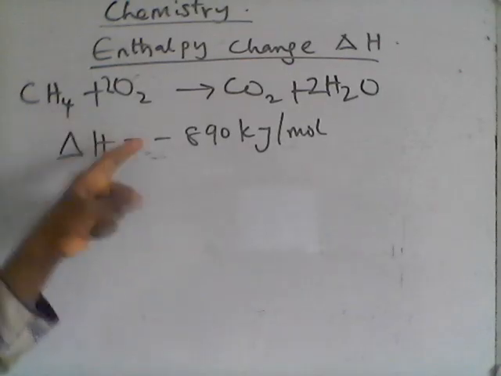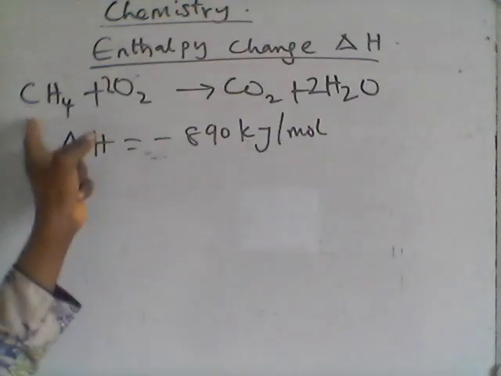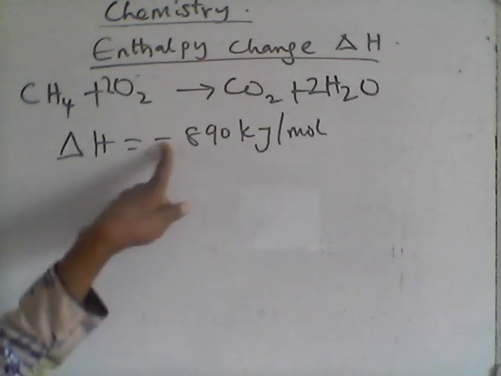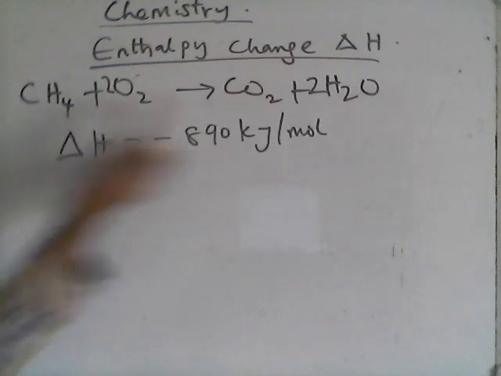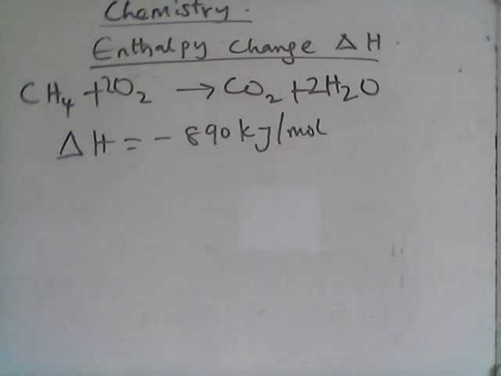So this is already exo because it's one of the examples of exothermic reaction, combustion, burning of methane. But even without knowing the kind of chemical reaction, once you see this negative value, it shows that this is an exothermic reaction. Heat is released.